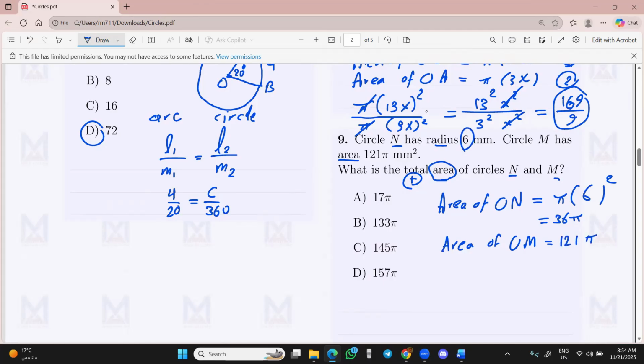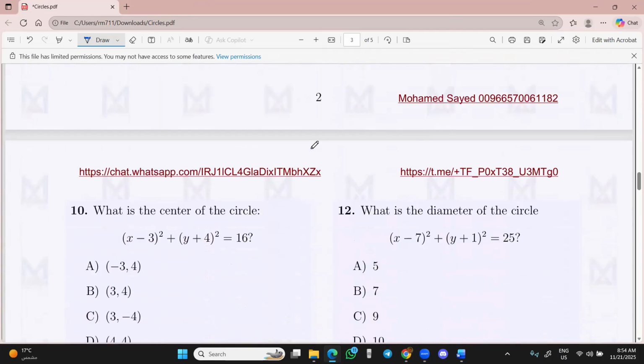And the question says find the total area, so we have to add these 2 values. When you add 36 pi to 121 pi, you get 157 pi. Remember that total means addition only. So that's the answer of question number 9.